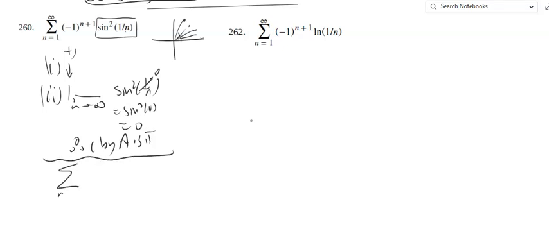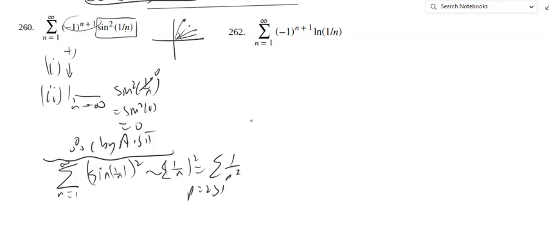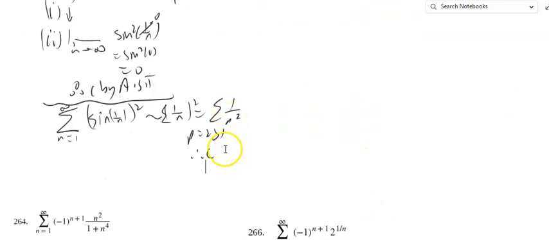Now, if I look at the series from n equal 1 to infinity of the sine of 1 over n squared, the absolute value will eliminate that part. I'm going to combine that with the angle squared. This is a p-series. And if I take the limit, and why did I take that?